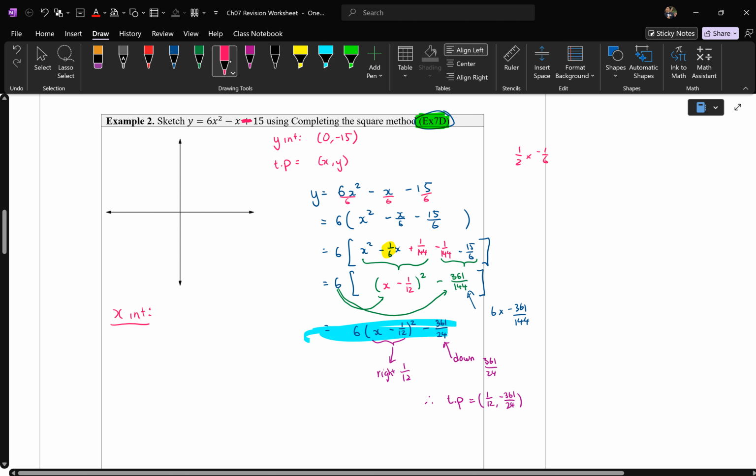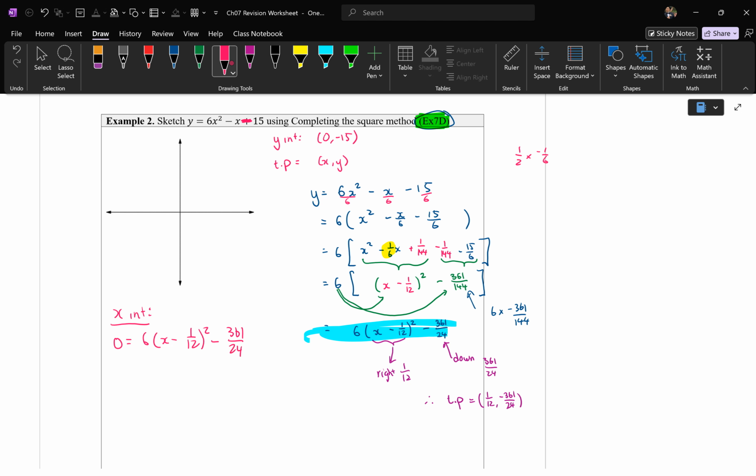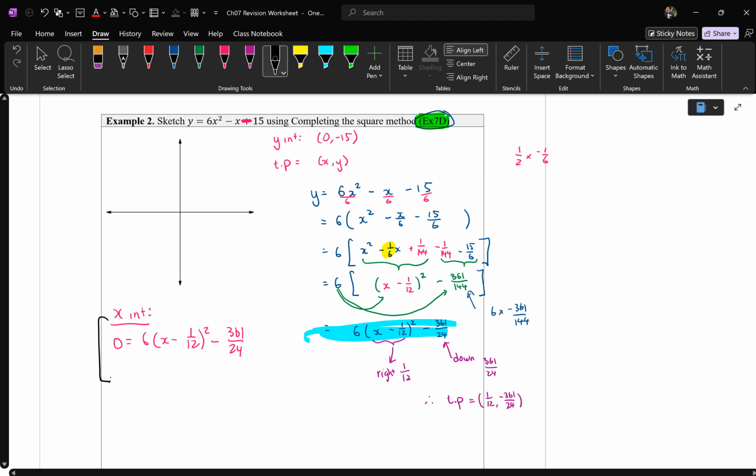If I asked you to solve, let y equal 0, and you've got 6 bracket x minus 1/12 squared minus 361/24, and you don't know how to solve this by moving everything across, dividing, and then square rooting, then the third method is to use what I taught you last session, the quadratic formula. The quadratic formula will tell you what the x-intercept is.